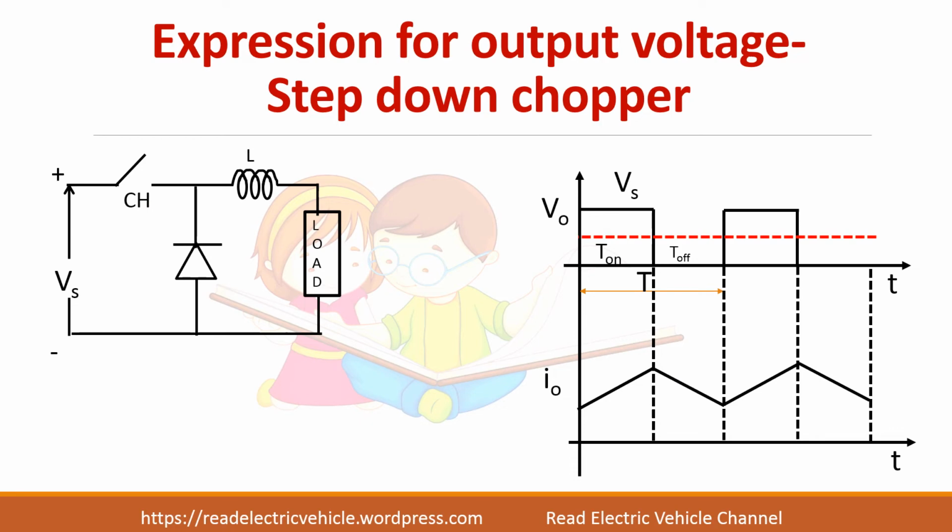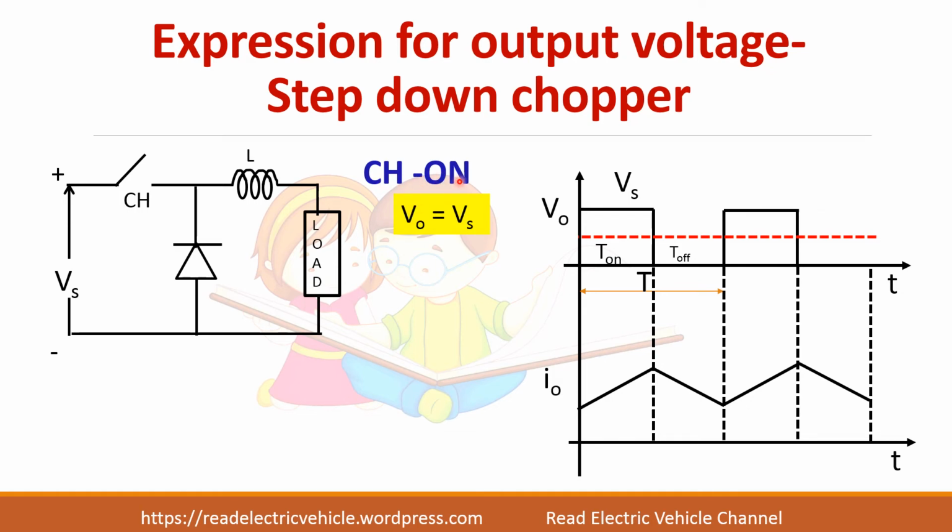Derive the expression for the output voltage. This waveform we have already drawn, and if you see the output current waveform, during the turn on period it continues to rise, and then when the switch is turned off it starts to decrease, and again when the switch is turned on it begins to rise.